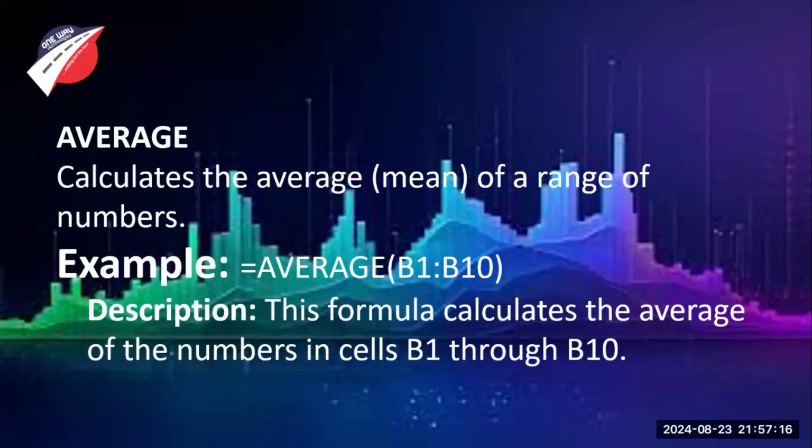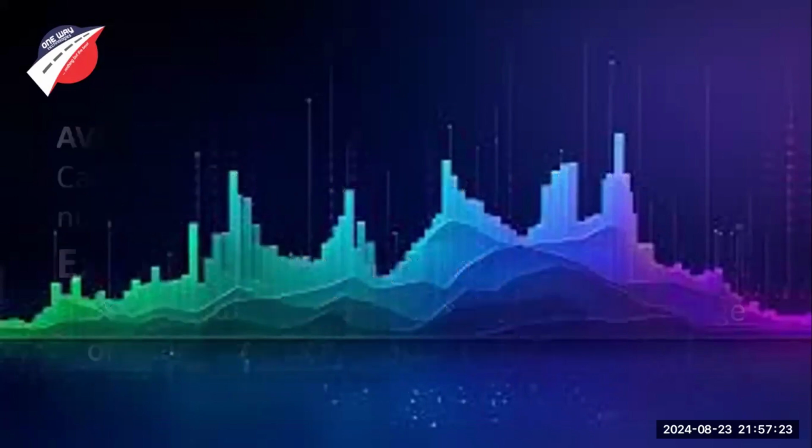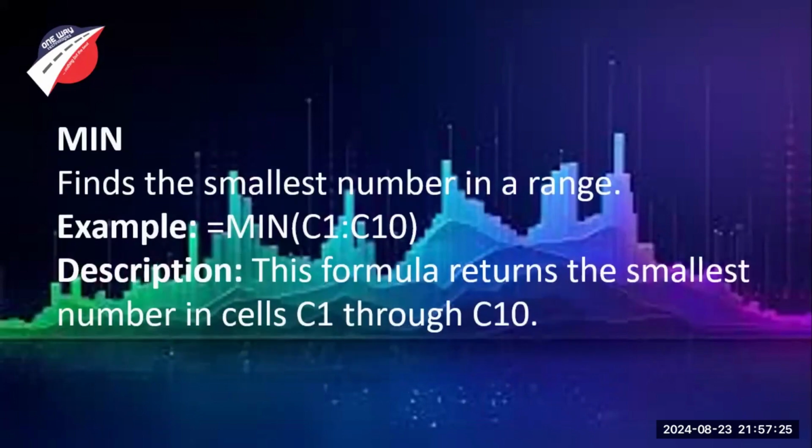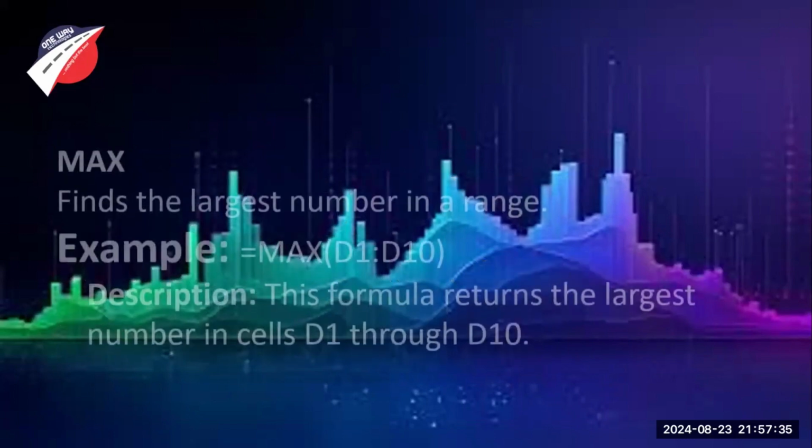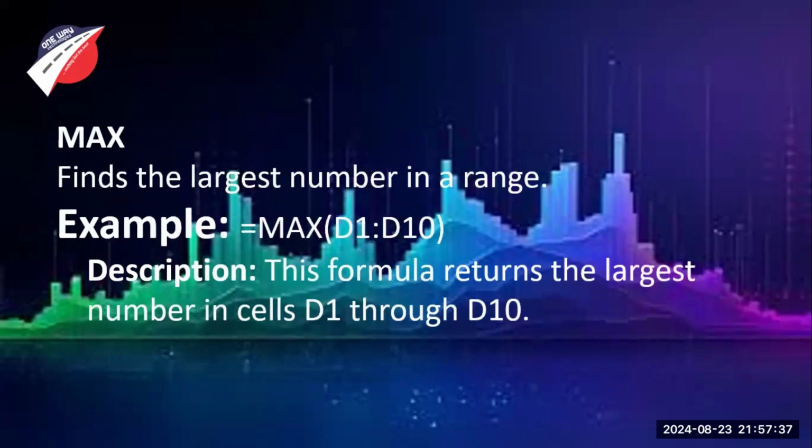The syntax is equal to AVERAGE, you put the range. Then you have the minimum, which finds the smallest number in a range. The syntax is equal to MIN, you put the range. Then you have the maximum, which finds the largest number in a range. And the syntax is equal to MAX, you put the range.